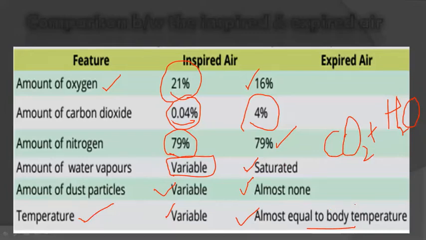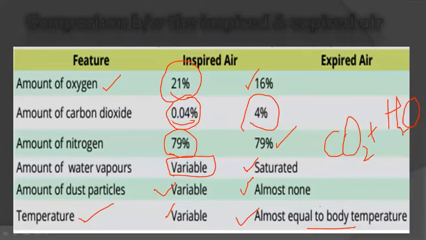And when we expire or exhale the air, because that is releasing out from our body, its temperature is equal to our body's temperature. It means that exhaled or expired air also has almost the body temperature.